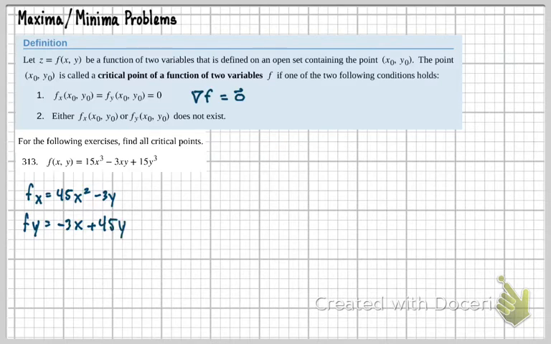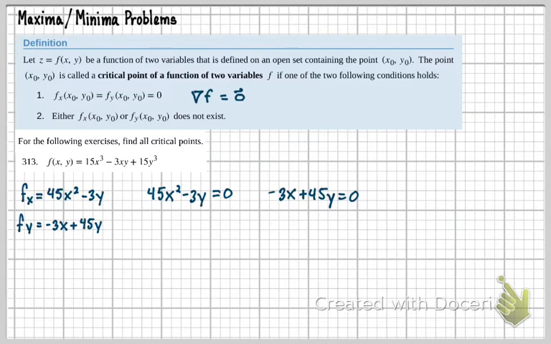Now think about what we're looking for here, critical points. So it's going to be where these both equal 0. This means that fx equals fy equals 0, so they both have to equal 0 at the same time. So what that means here is I have these two equations.